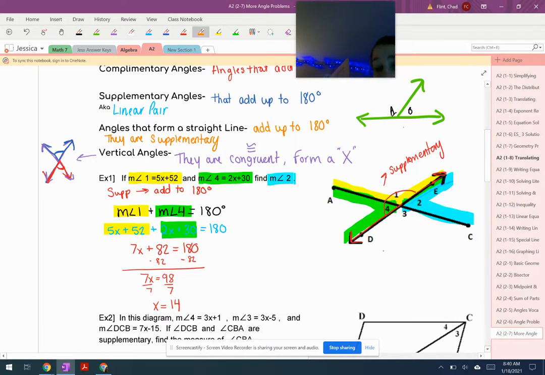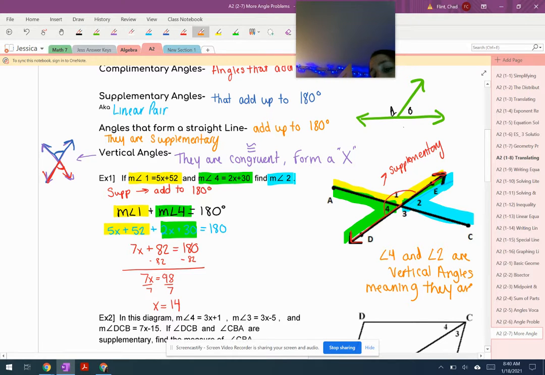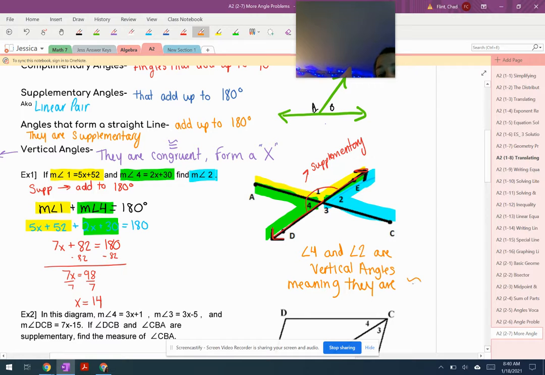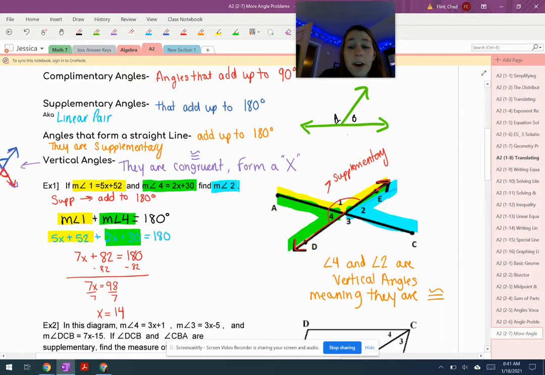So angle 4 and angle 2 are vertical angles, which means they are congruent. So if they're congruent, that means that they're the same measurement. So if I find the measure of angle 4, that will tell me the measure of angle 2. The measure of angle 4 is equal to the measure of angle 2.